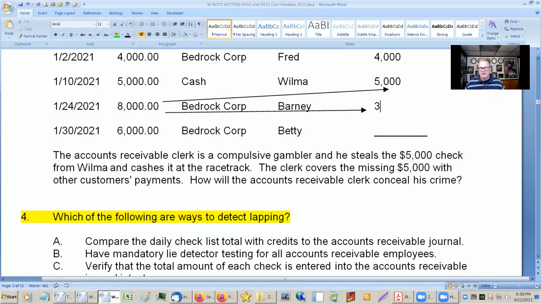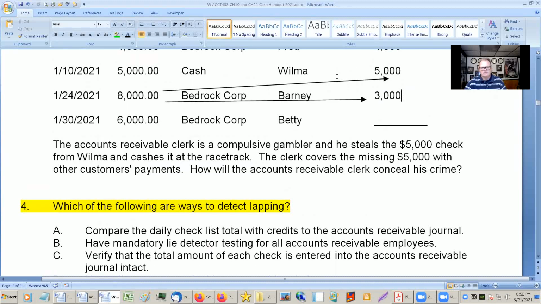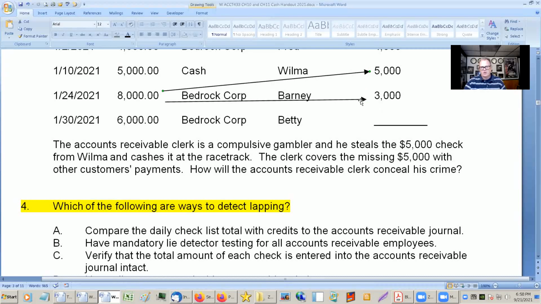I wrote a check for 8,000. Barney's $8,000 check, 5,000 of it is going to Wilma. He is only going to get 3,000 in his account.